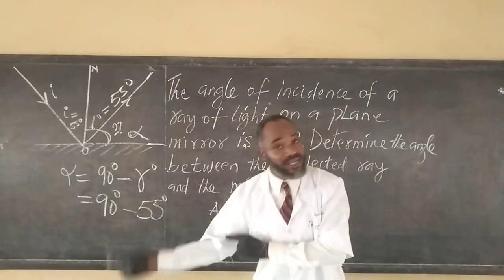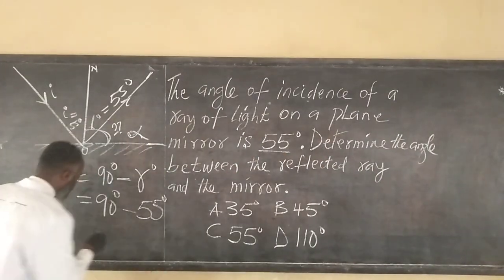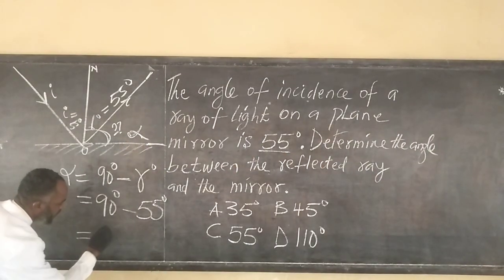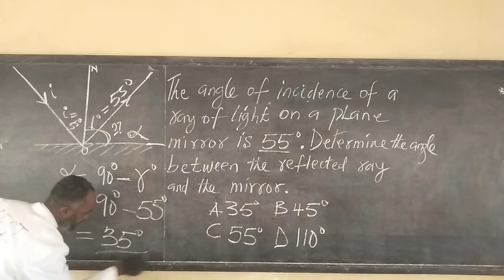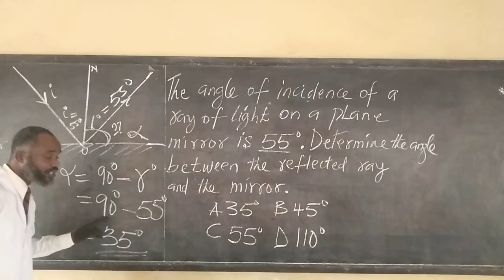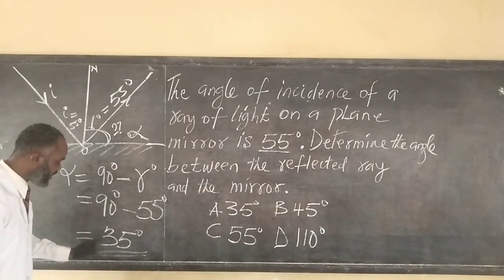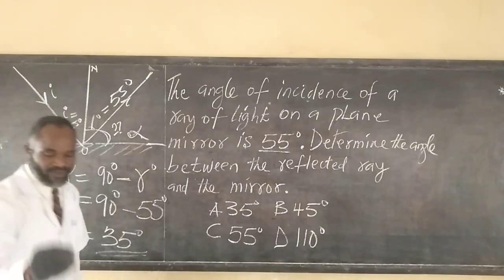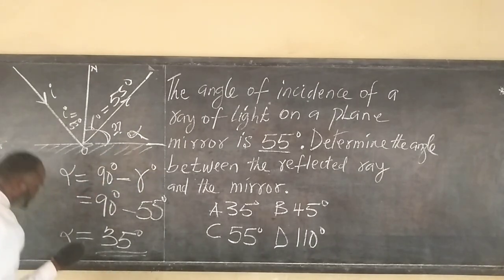And 90 minus 55 is definitely going to be 35 degrees.